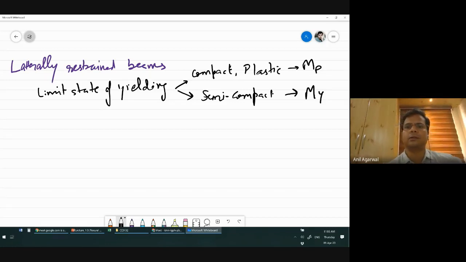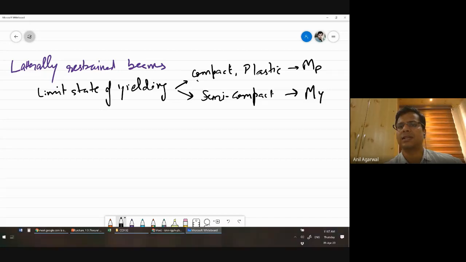This classification is basically based on the possibility of undergoing local buckling. So if the cross section is susceptible to local buckling beyond yielding, then we will call it semi-compact and we can use only MY capacity. If it is made of thick cross sections, thick plates, then it can undergo large plastic deformations.